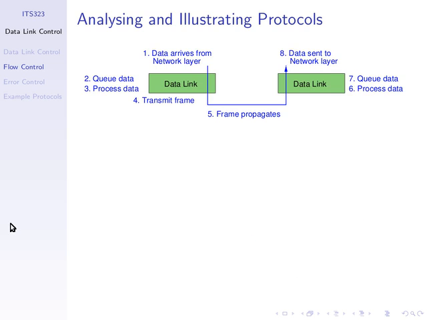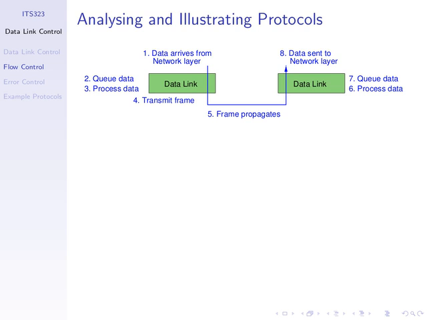If we focus just on the data link layer, so just seeing from the perspective of the data link layer, the steps that occur are: first, data arrives from the higher layer, the network layer, step 1.